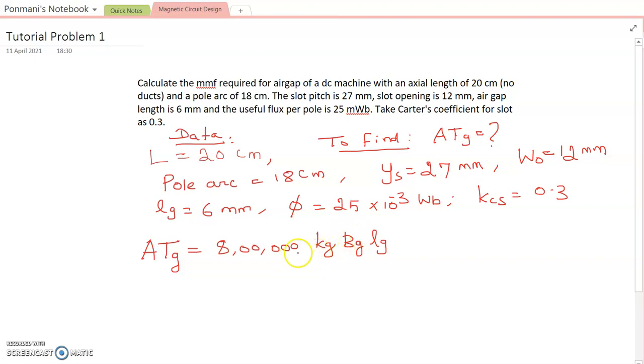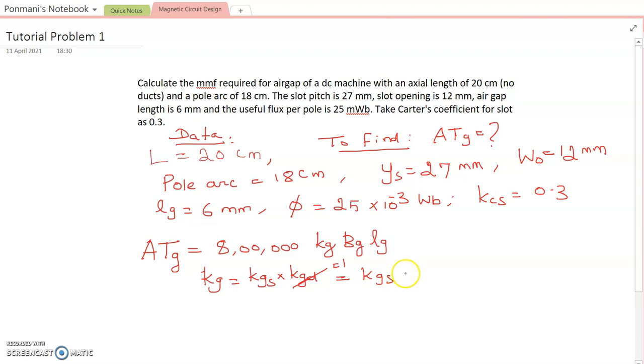What is the formula to calculate Kg? Kg is Kgs multiplied with Kgd actually. But here there are no ducts, so we can consider this factor, Kgd, as 1. So Kg is equal to Kgs alone.